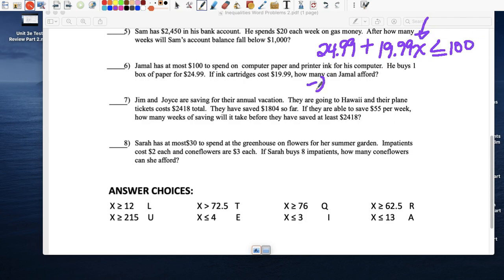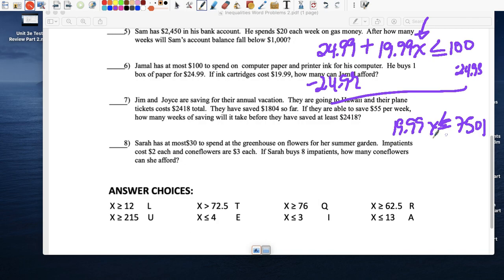Well, minus 24.99 on both sides, you get 19.99x less or equal to 75.01. Divide both sides by 19.99, and x is less or equal to 3.75.